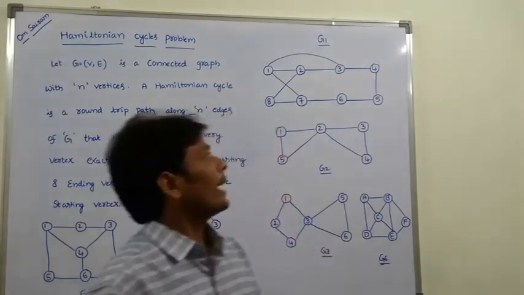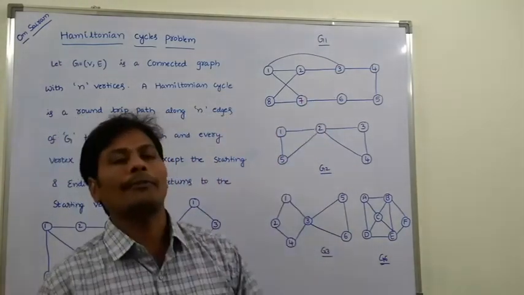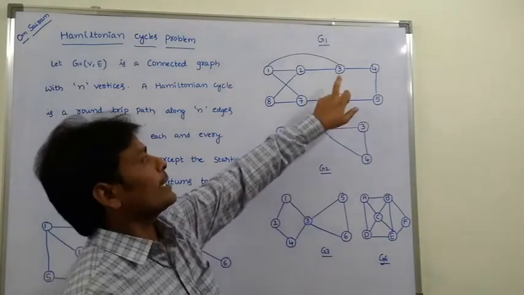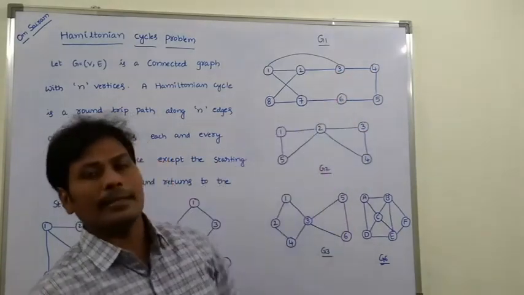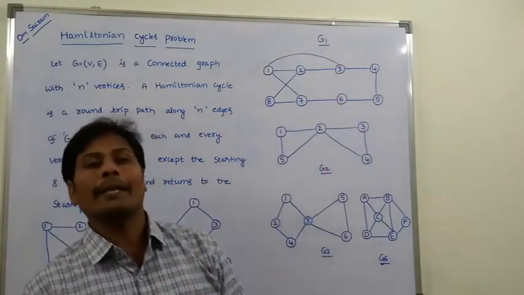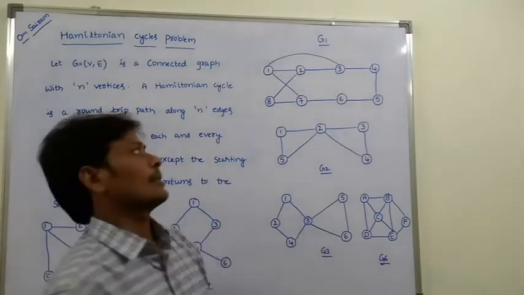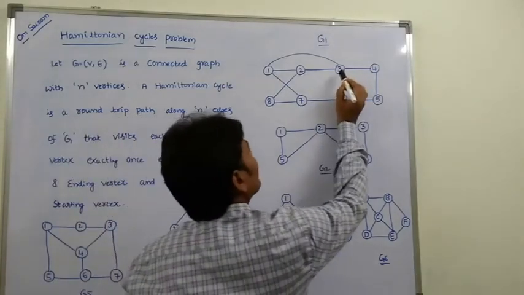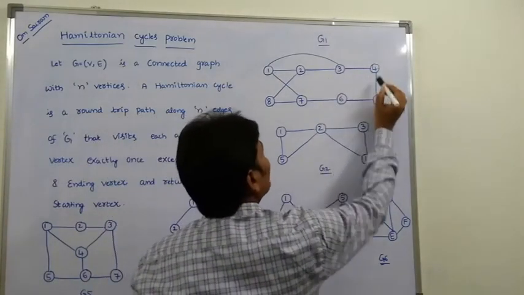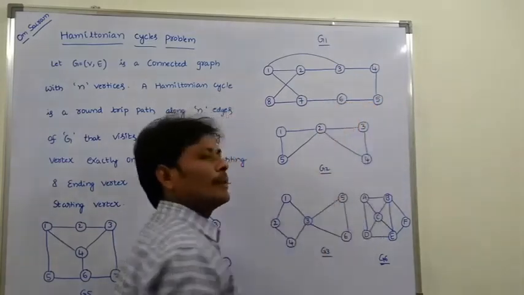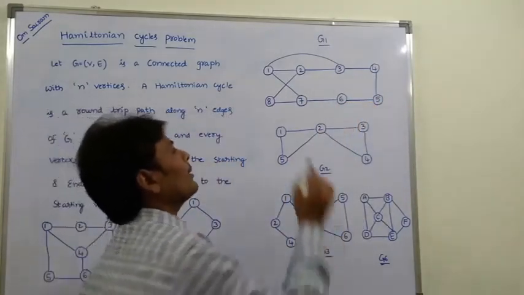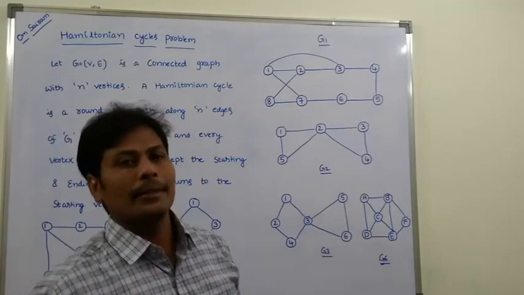Suppose we take this graph. We take the pair 3 and 6. There is a path between these vertices: 3 to 4, 4 to 5, 5 to 6. Now take the pair 4 and 8.